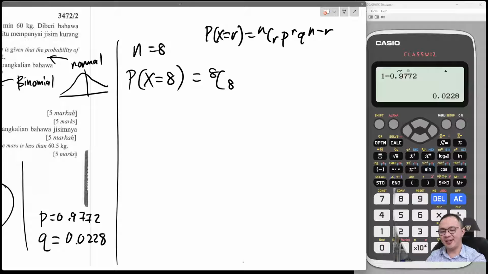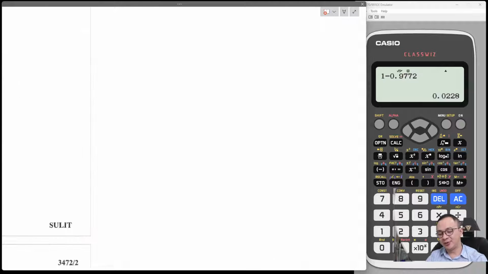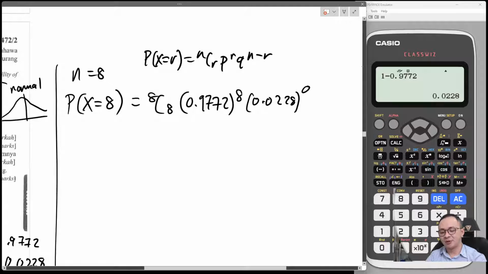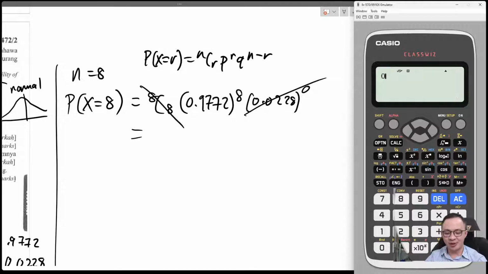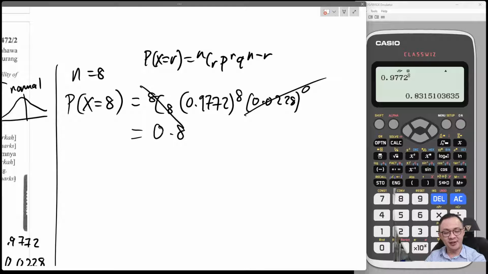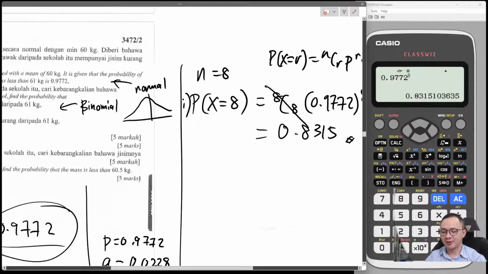So 8C8, p is 0.9772 to the power of 8, and q to the power of 0. You can insert q or not, never mind. 8C8 is 1, and power of 0 is 1, so I only need to type 0.9772 to the power of 8. So the probability is 0.8315. Done. This is part 1.